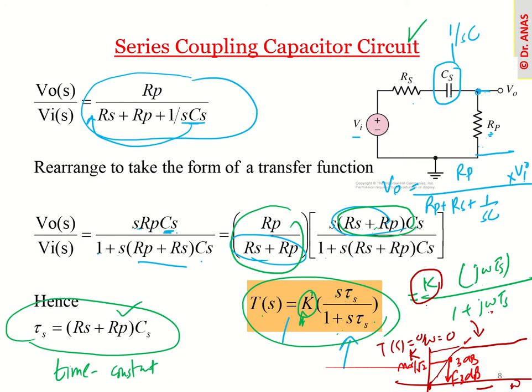And we can easily calculate that 3 dB frequency from the time constant. For this circuit, it will be 1 over 2 pi times the time constant. So these are the important pieces of information which we can get from this circuit.